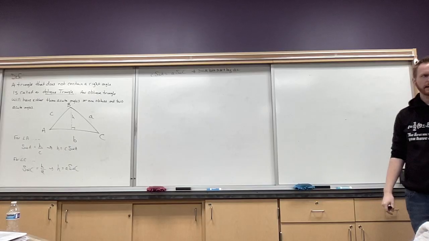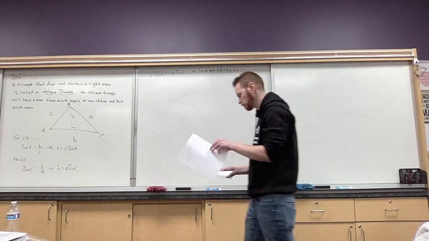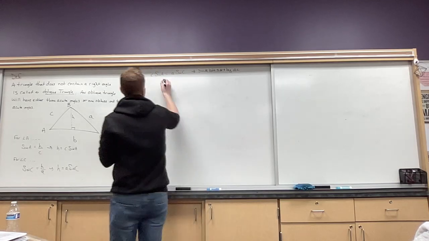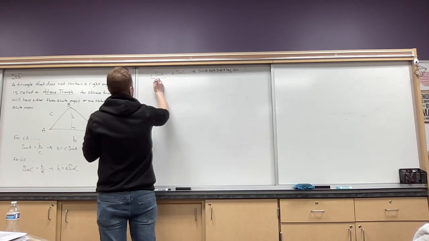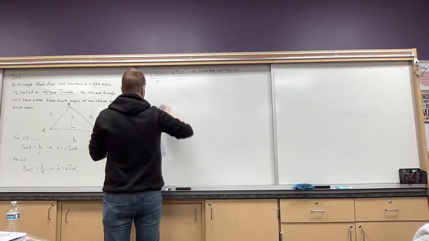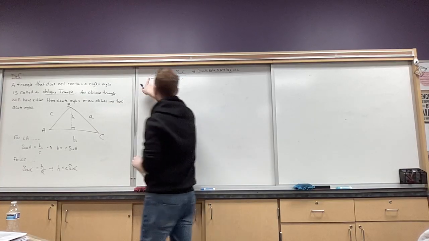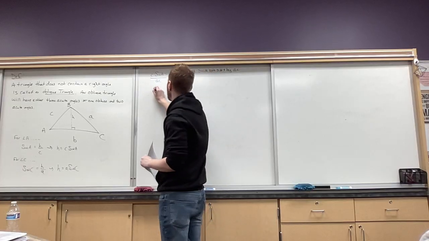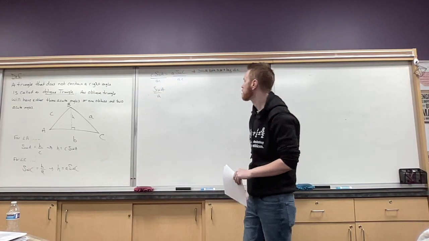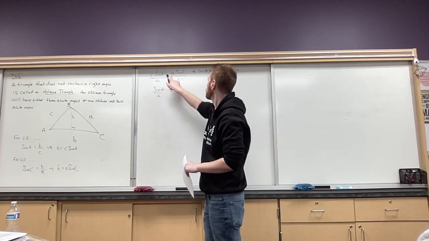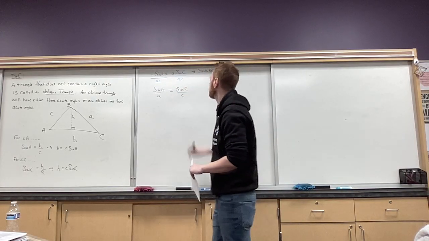When I do that, I get a really cool relationship. I'll use a different color so we can see it. And we get the following. So these c's will reduce. I get sine of angle A over the side a equals, the a's will cancel out, sine of C over little c.